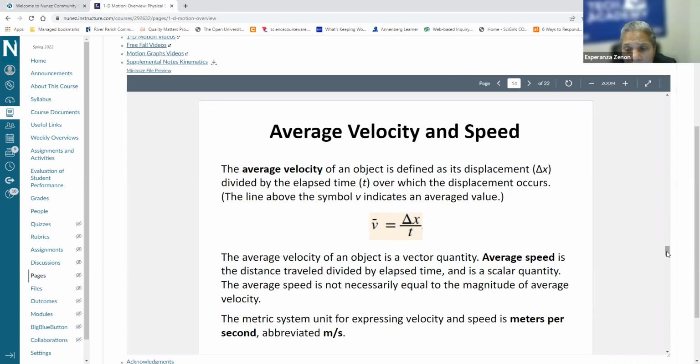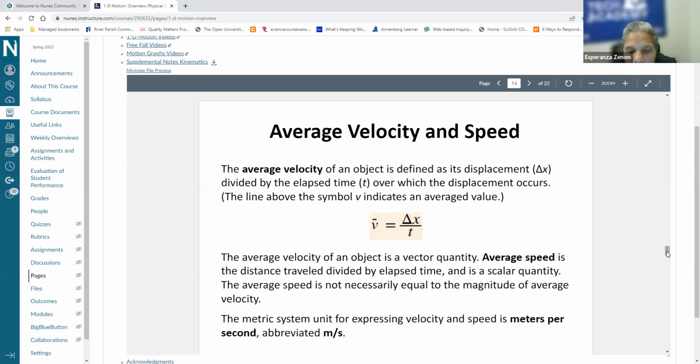Remember, displacement looks at what? Start and finish. And we divide that displacement by the time that it takes. So velocity is displacement per unit time. And it's a vector property because whenever you do delta X displacement, that's a vector.